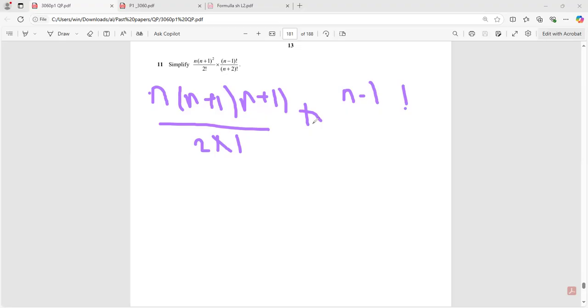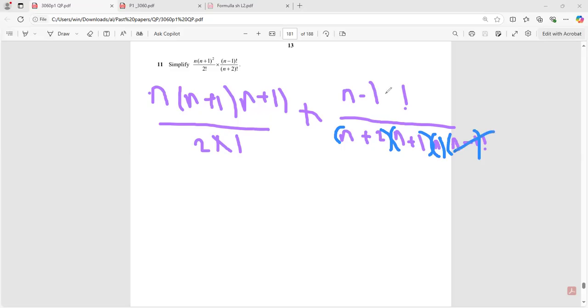Dividing by (n plus 2), (n plus 1), n, (n minus 1) factorial. Okay, let's close them with a bracket: (n plus 2), (n plus 1), and (n minus 1) factorial.